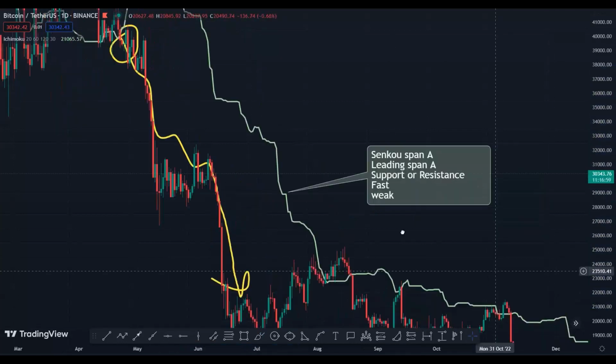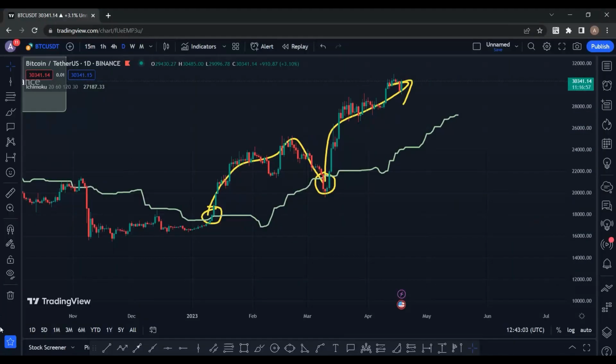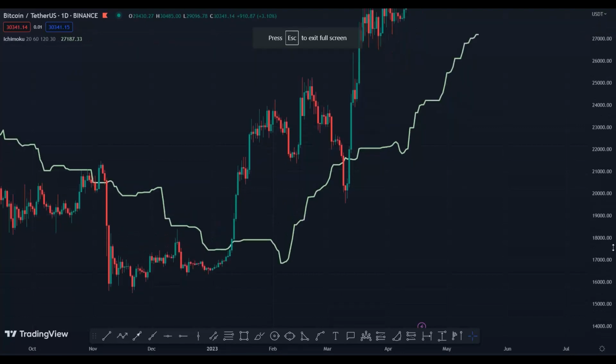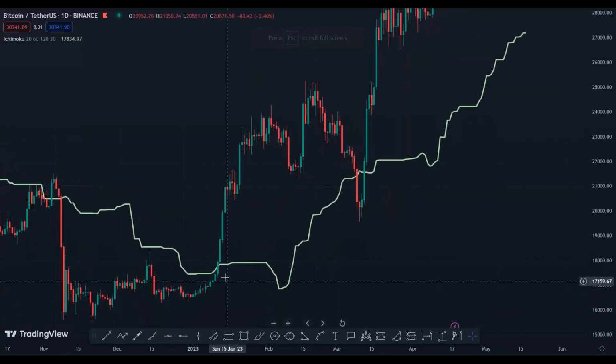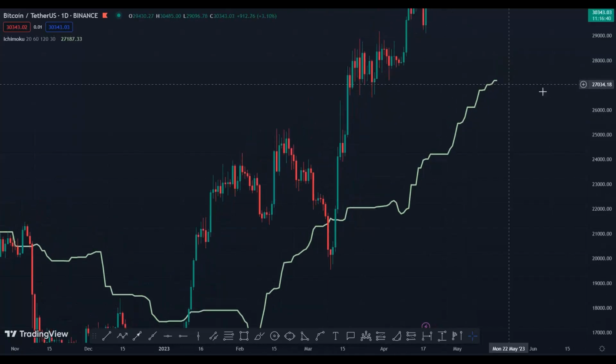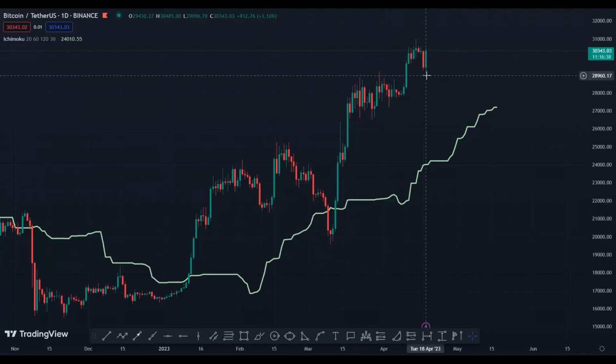Here in the recent movement, price closed above the Senkou Span A here at the $18,000, okay? We closed above it, so this is the time to be bullish and consider a long position.